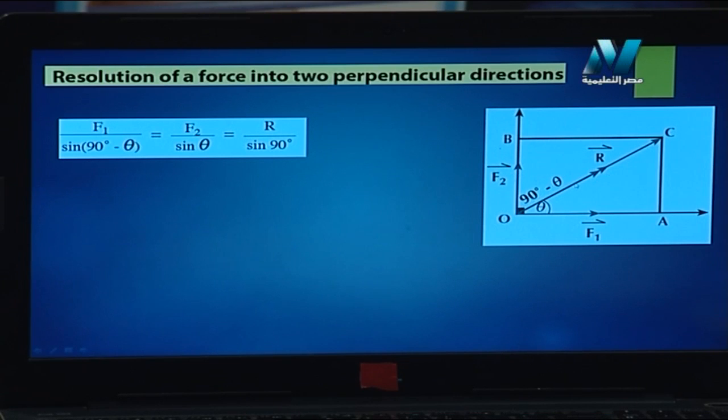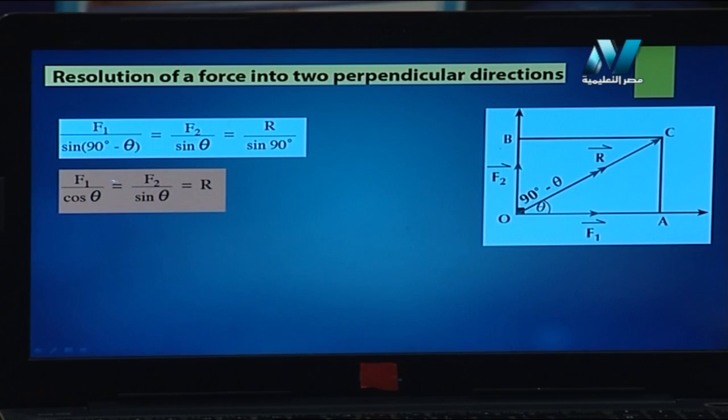The sum of 90 minus theta plus theta equals 90. We know that sine 90 minus theta equals cosine theta. So we can put it in the rule: F1 over cosine theta equals F2 over sine theta equals R. Why R only? Because sine 90 equals 1.